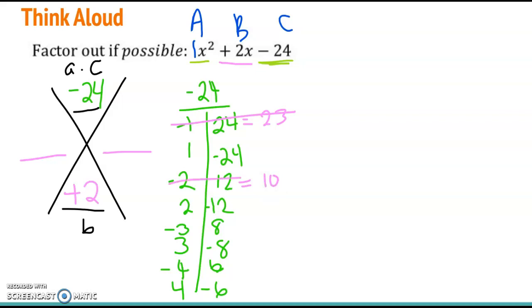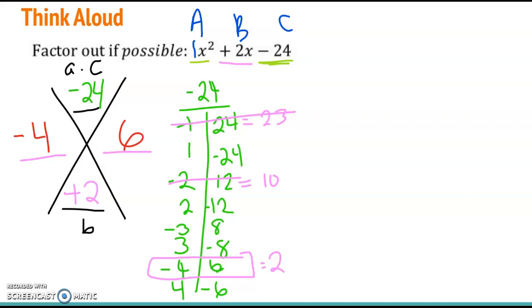That's not what I want. So I'm going to look through my list and see which ones, if I were to add them together, would give me a positive 2. And I see a negative 4 and a 6. If I were to add those together, I would get a positive 2 back. So the numbers that are going to be on the side are negative 4 and 6.